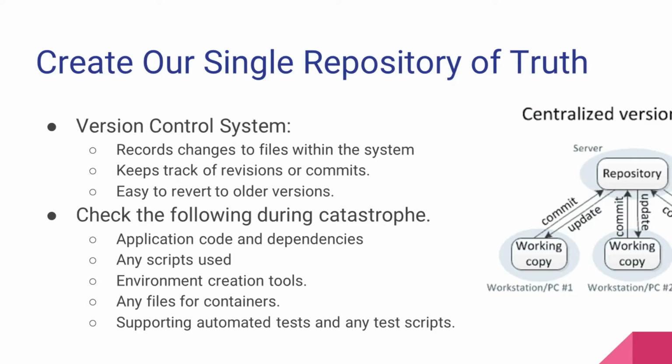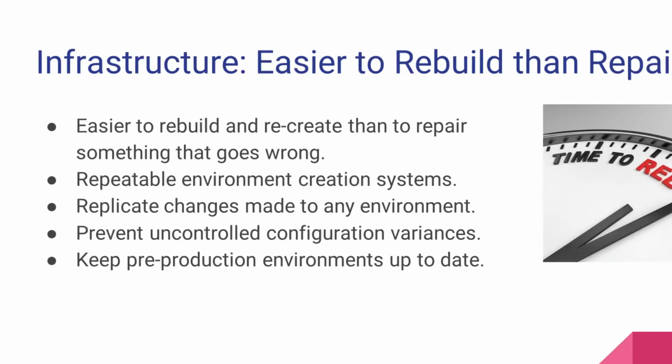You can check any file used to create containers, and you can check all supporting automated tests and any manual test scripts. We need to be able to recreate the entire pre-production and build process, as well as recreate any previous state of the production environment.